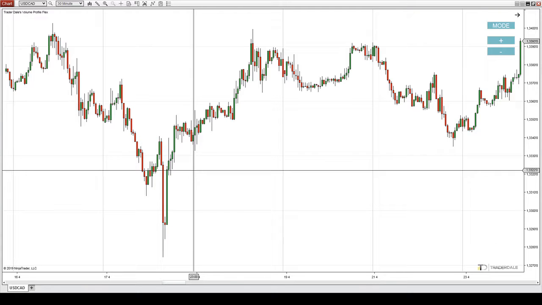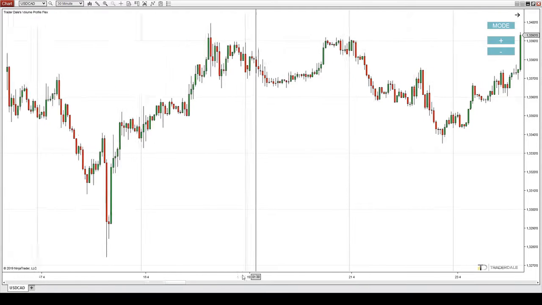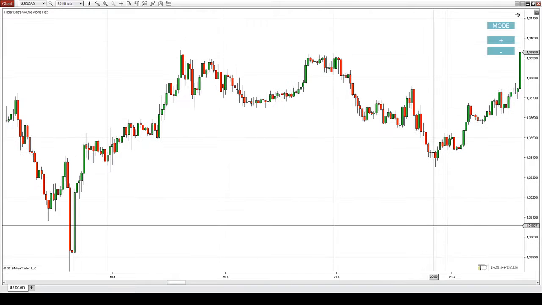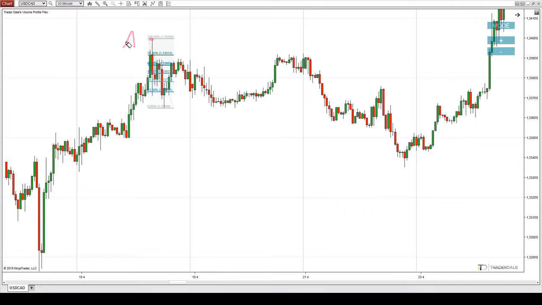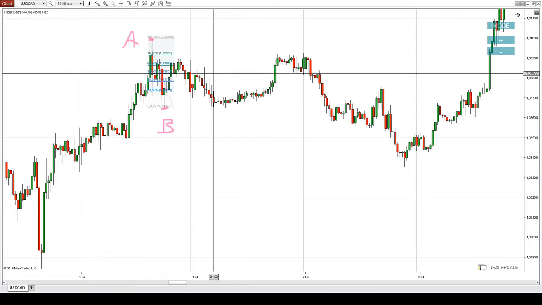Now here's another one. This is A, and this is B. Now we want point C above the 50% mark. This is the 50% mark. So from A to B, then the swing point above 50% is in here.